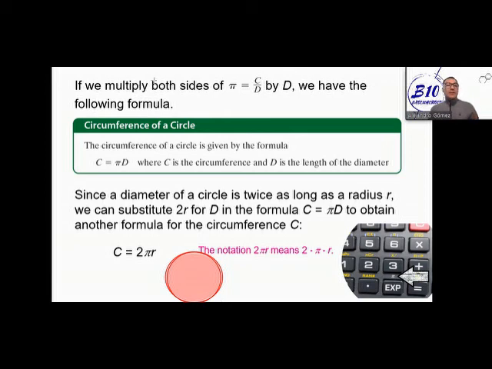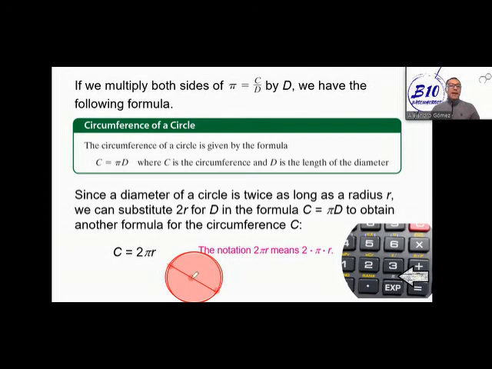And there is a direct relationship between that distance all around the circle and the diameter. The diameter is then that line which goes through the center from one side of the circle to another side.